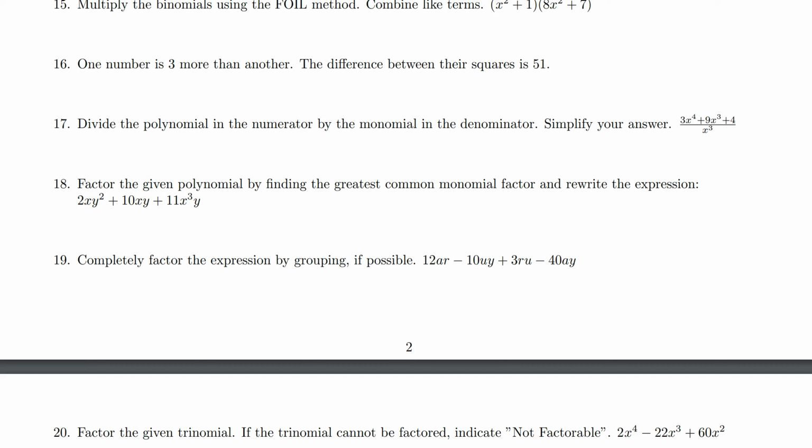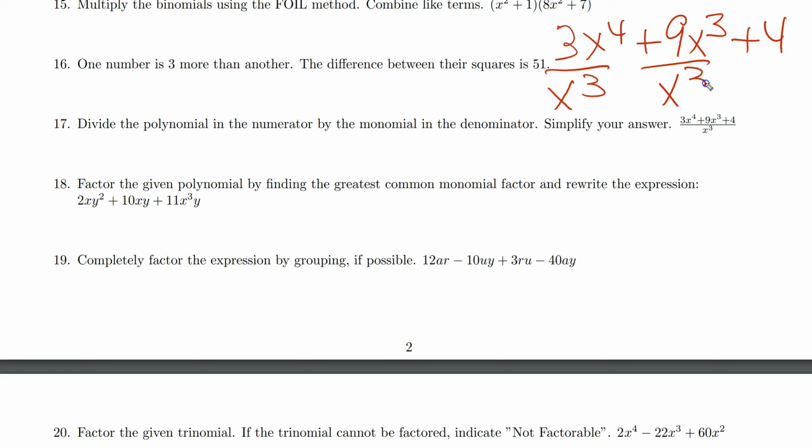All right, now for number 17, again, many students were messing up on this because they had forgotten the technique. And the technique is you put each of these, 3x to the fourth plus 9x to the third plus 4, over your common denominator, x to the third, x to the third, x to the third.